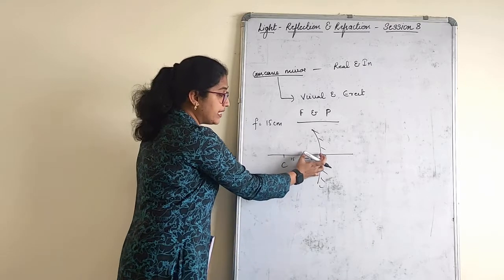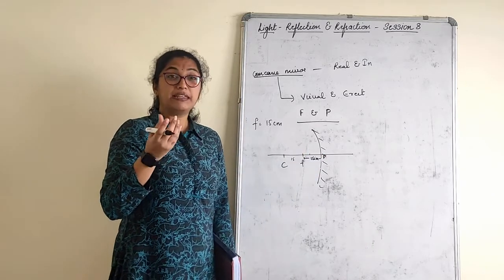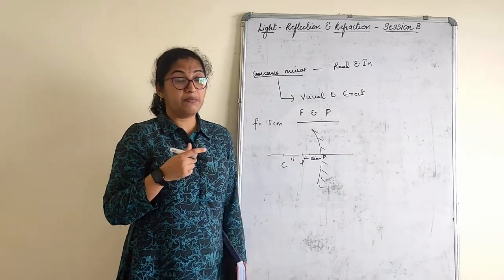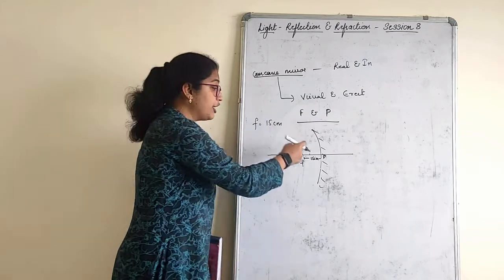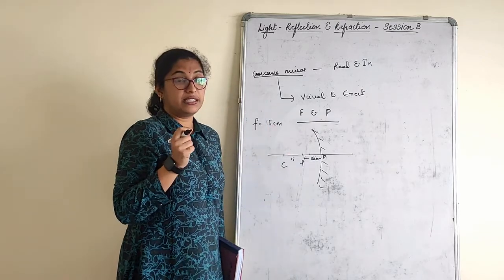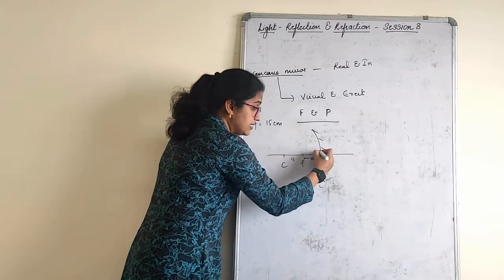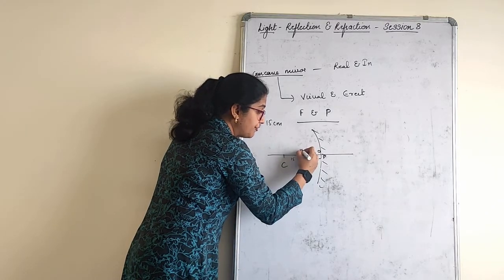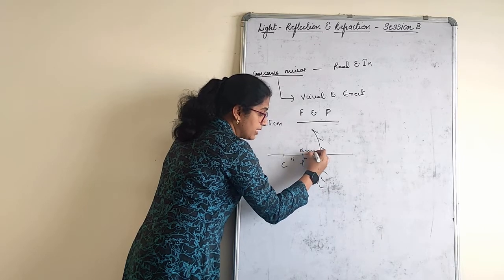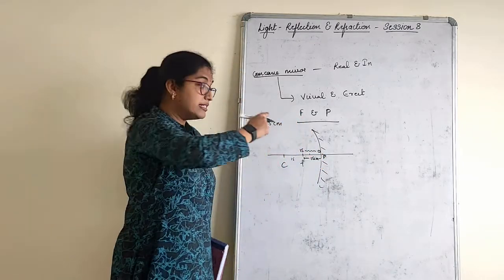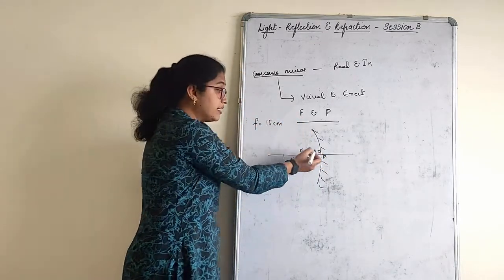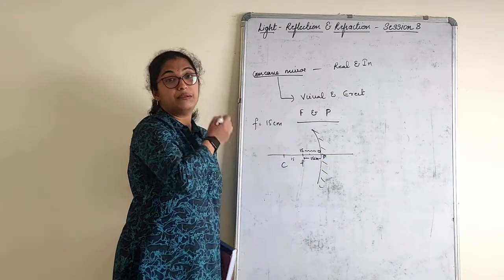No. Between F and P I should keep it. But instead of telling between F and P, since they have told us that the focal length is 15 cm, I should keep the object between 0 to 15 cm from the pole of the mirror.